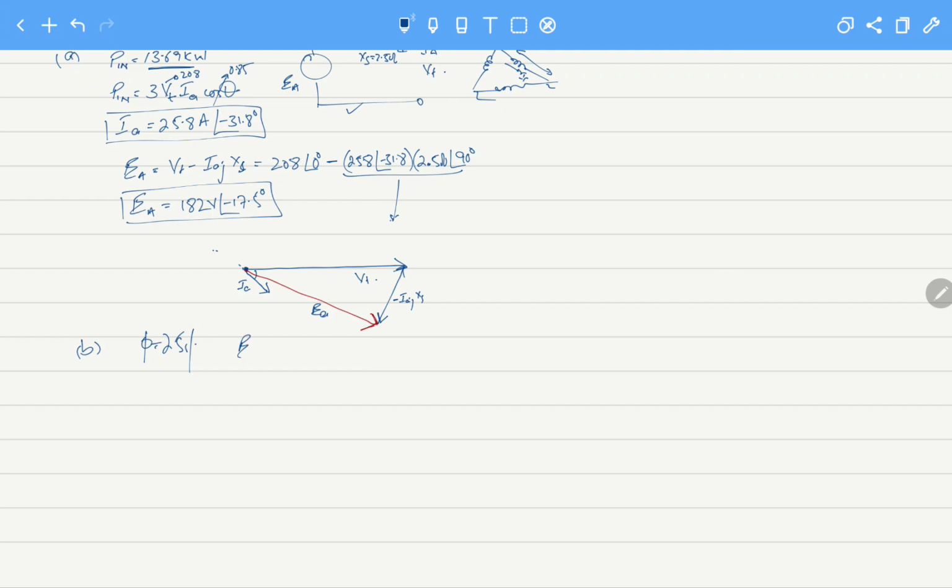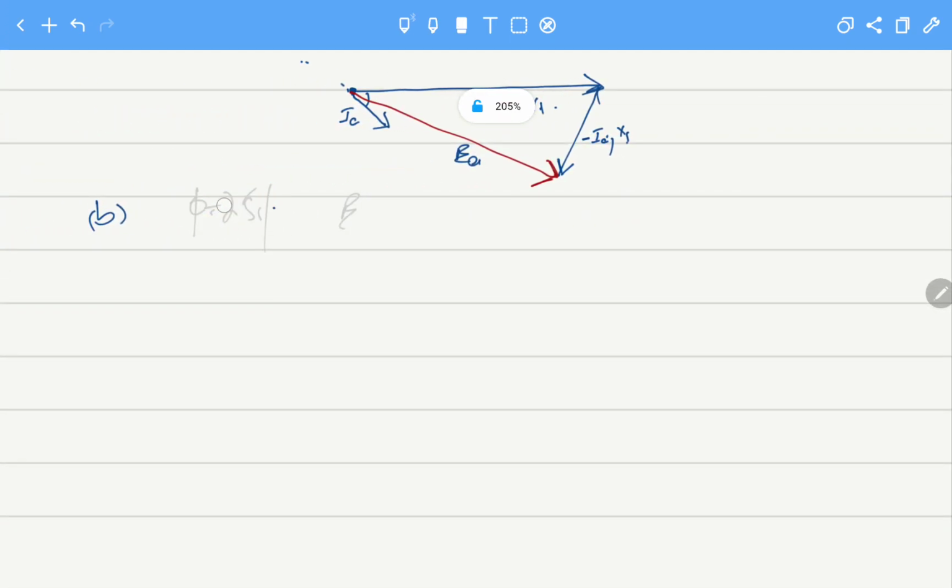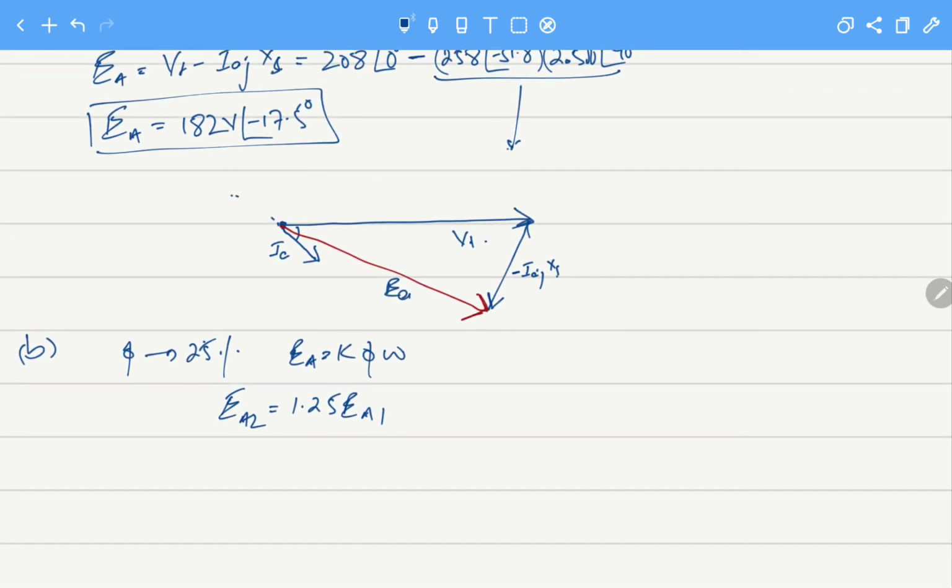We know that EA equals K phi omega. So the internally generated voltage for part B will increase, we can call it EA2, that is actually 1.25 times EA1. I will call the first scenario EA1.